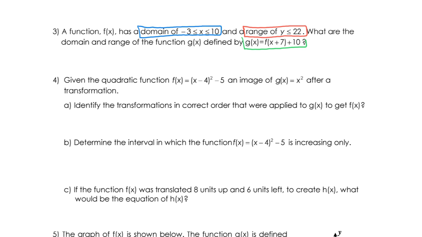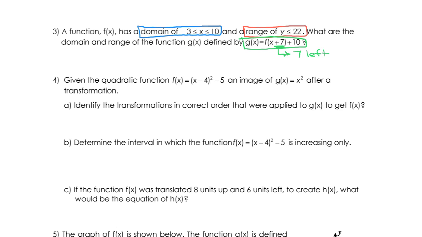So this gives us exactly what we're doing to x and what we're doing to y. So what we have to do is break this down. When you see that +7 in there, you're now going to think 7 units to the, don't be fooled, it's to the left.